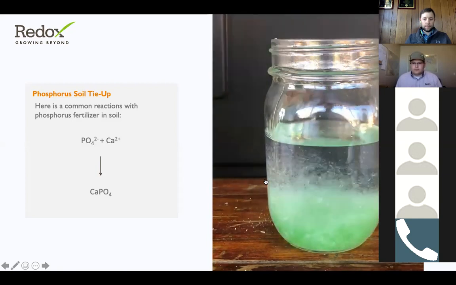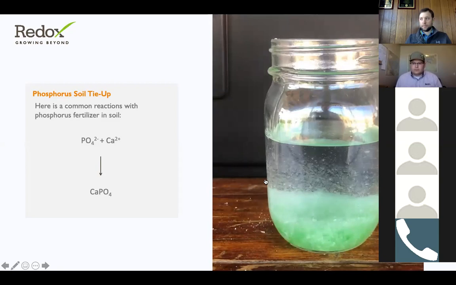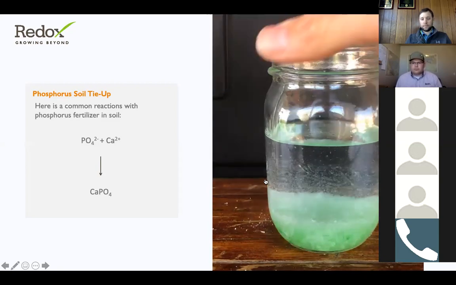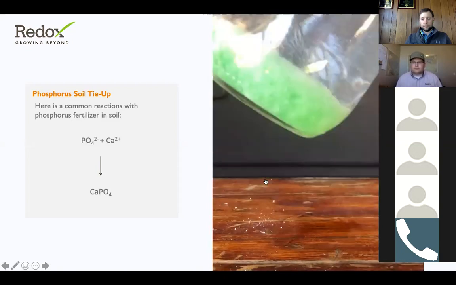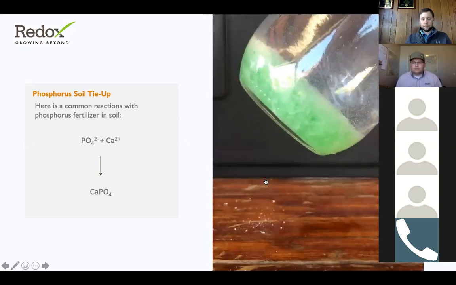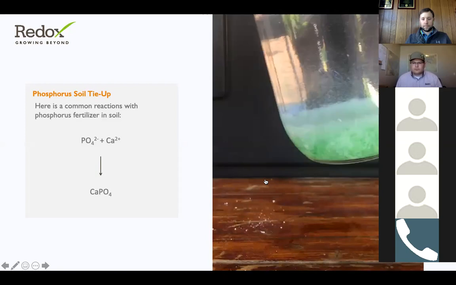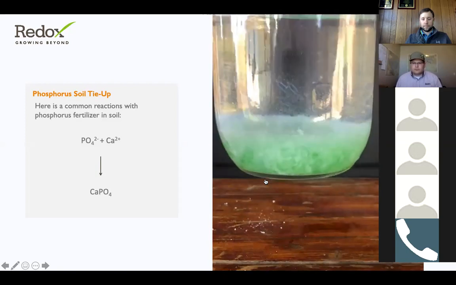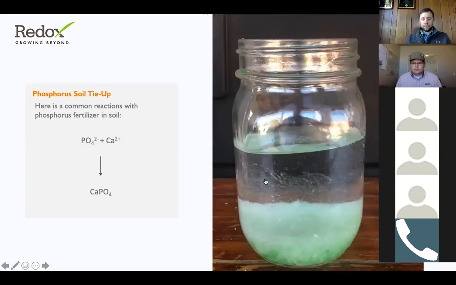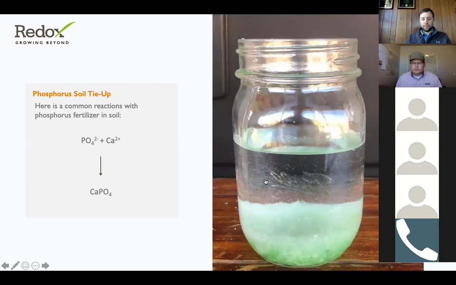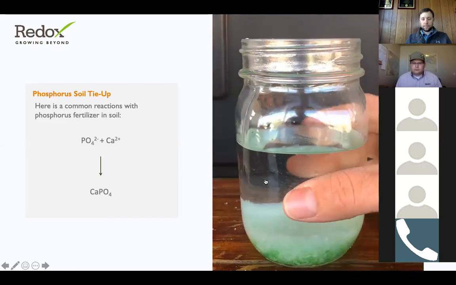And you can see that the 10-34-0 immediately reacts. That's calcium phosphate that's formed, and it turns into a gel that people have to clean out of their drippers or sprinklers if you do this in your fertilizer tank, or your application heads, or the root then has to go try and dig that back out of the soil. So we put out our 10-34-0 into the soil, and we end up with calcium phosphate.